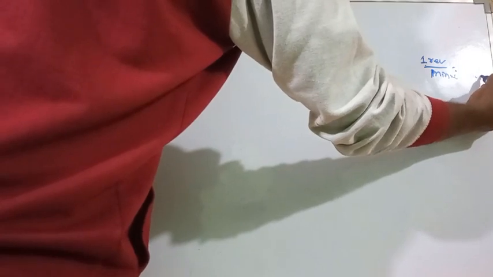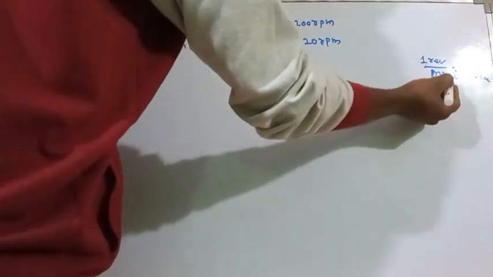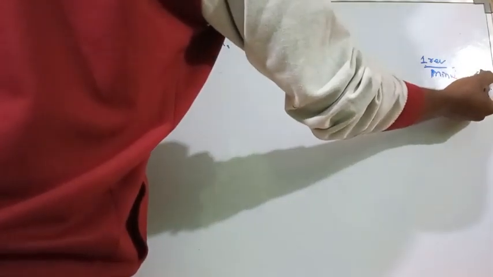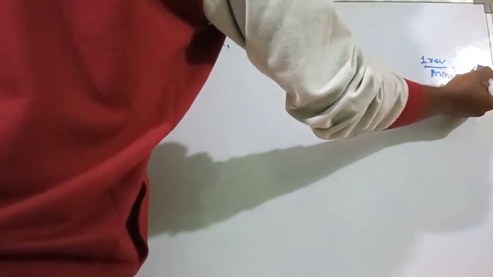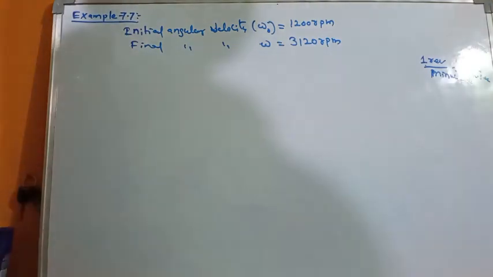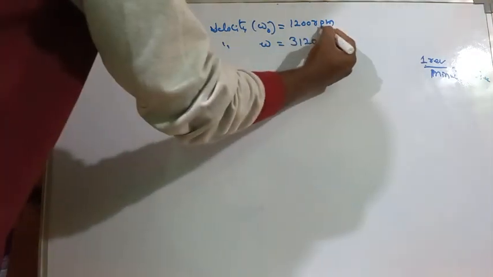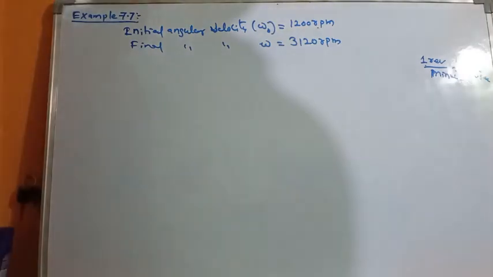Minute means 60 seconds. So now we can convert this one revolution into radians, that is, we have to multiply by 2 pi and divide by 60 seconds. So 1 rpm is equal to 2 pi by 60 seconds.